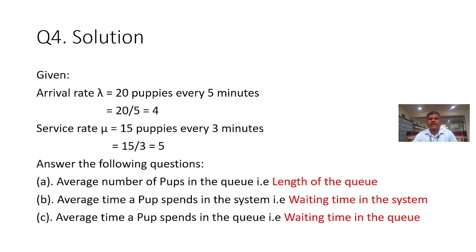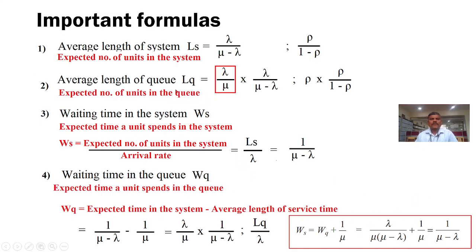So quickly we will refresh some of the formulas which we have discussed in the class. In our case, we need the length of the queue. The length of the queue is given by lambda by mu multiplied by lambda by mu minus lambda. Using the utility factor or the traffic intensity, this formula can be written as rho into rho by 1 minus rho.